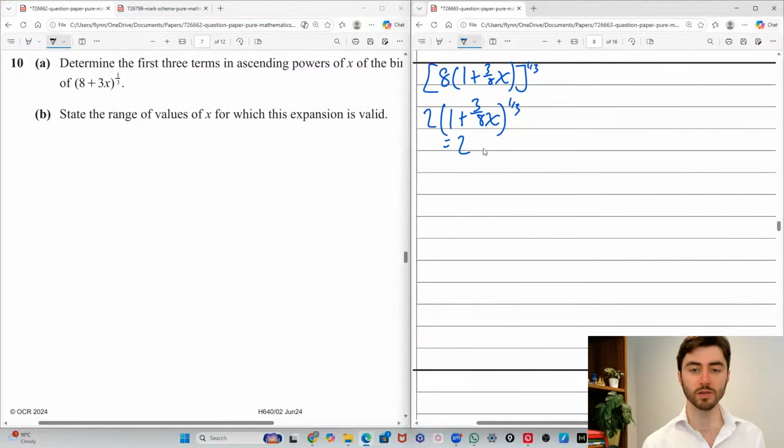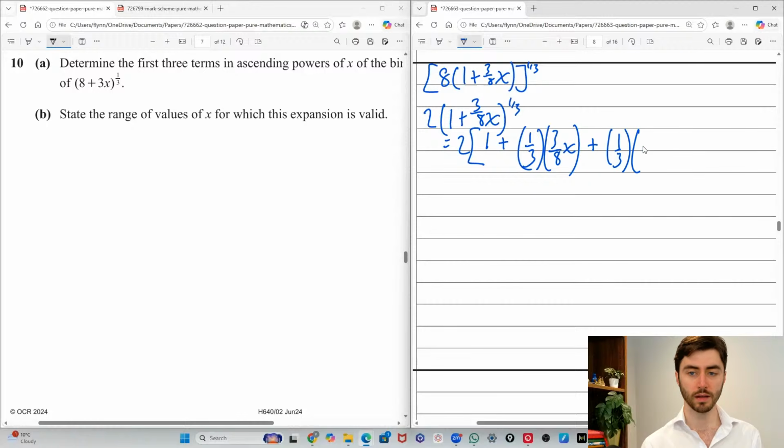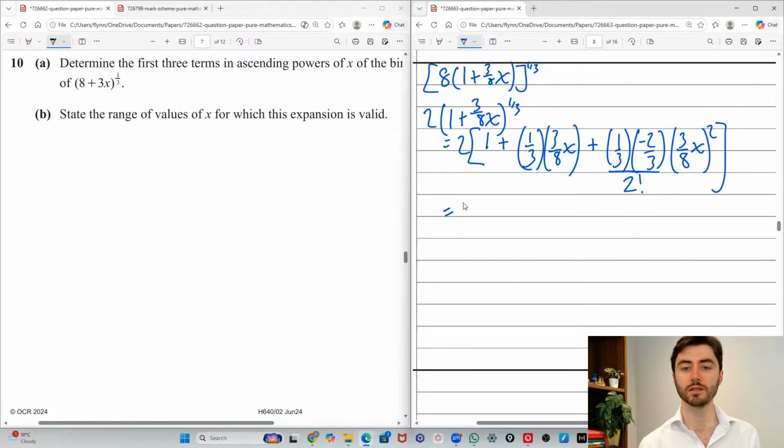So that is 2 into 1 plus n, thing that's in for x, plus n minus 1 all over 2 factorial, thing that's second term in the bracket squared. So that is 2 into 1 plus an 8th x minus.